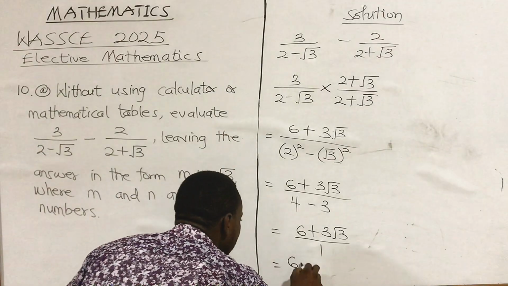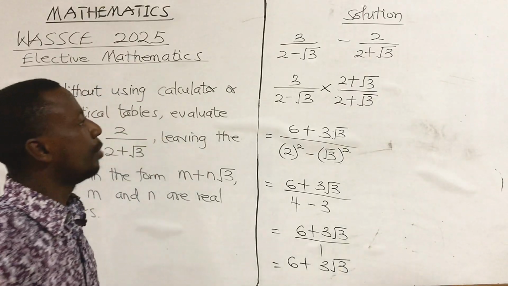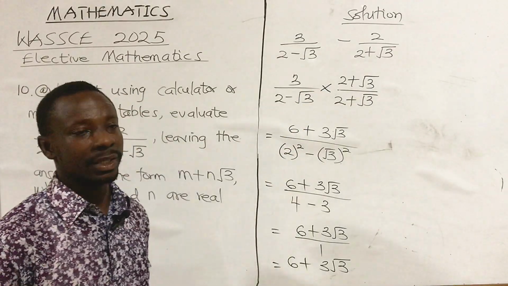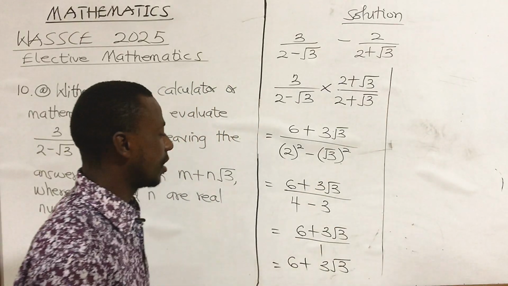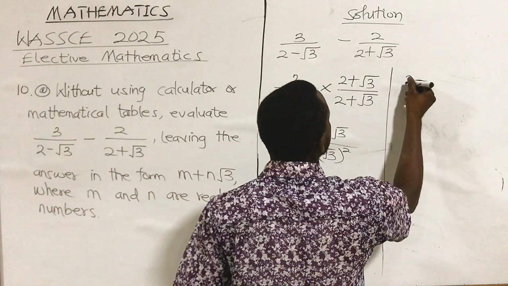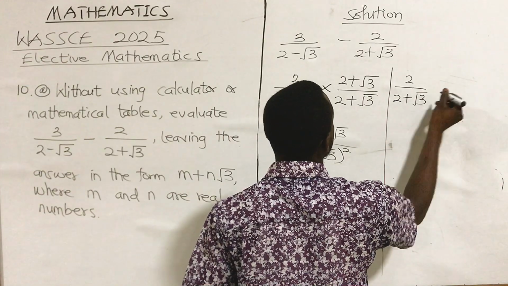So we still have 6 plus 3 root 3 to be the evaluation for the first one. Now let's deal with the second part, which is 2 over 2 plus root 3.